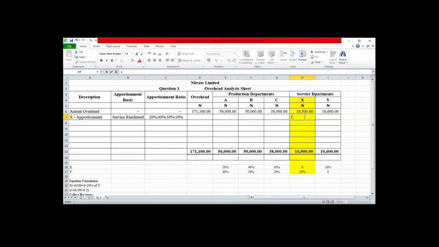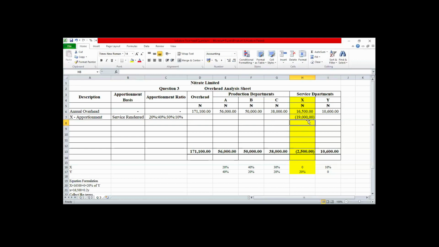So the 19,000 will now be in brackets. We now share this 19,000 to A, B, C, and Y in this particular ratio.